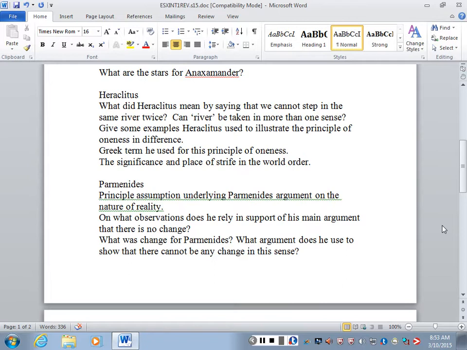It is a world in constant change. Change is not an illusion, as Parmenides thought. But where Heraclitus went wrong is in thinking that all of reality is in a state of becoming. It's not stable.